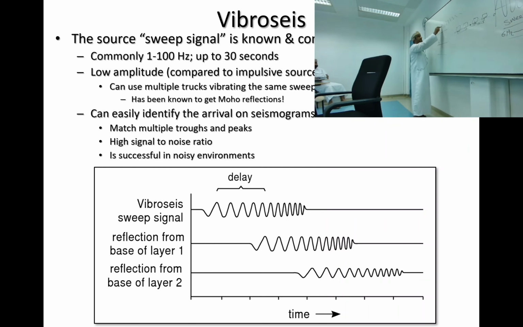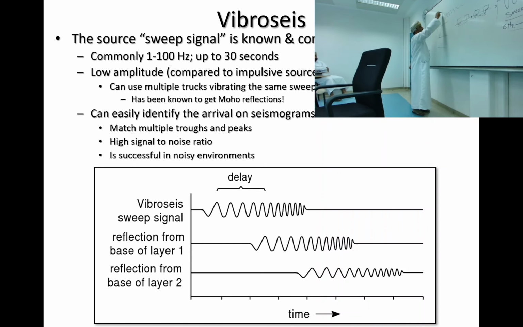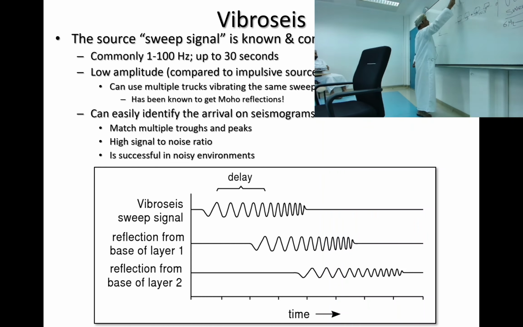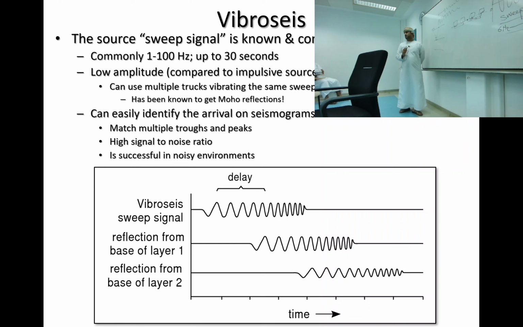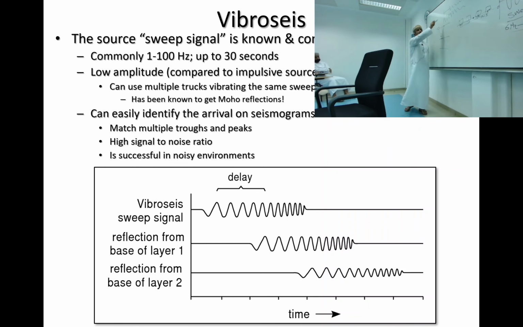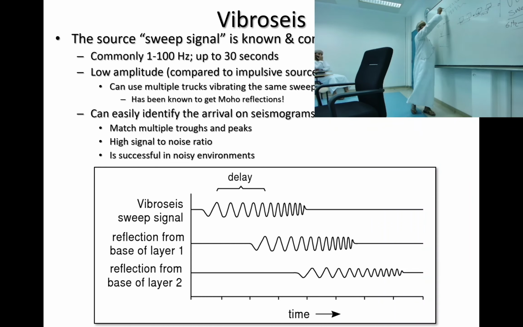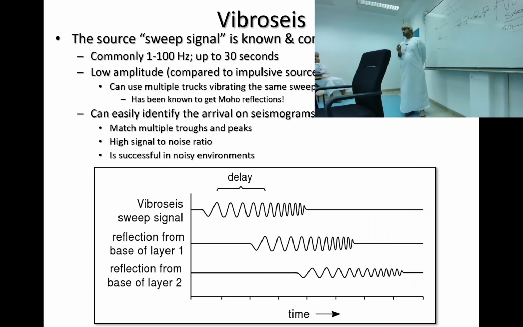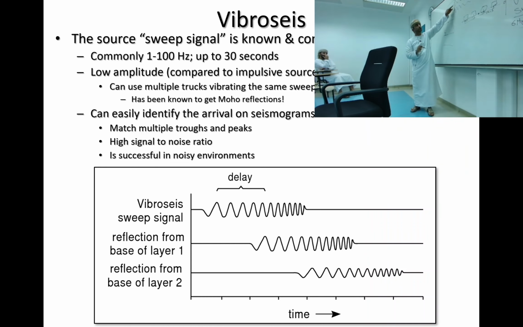It gets received after some time. It receives some signal like that. Why is it similar to that instead of just a pulse? Because this is the signature of the energy you sent.